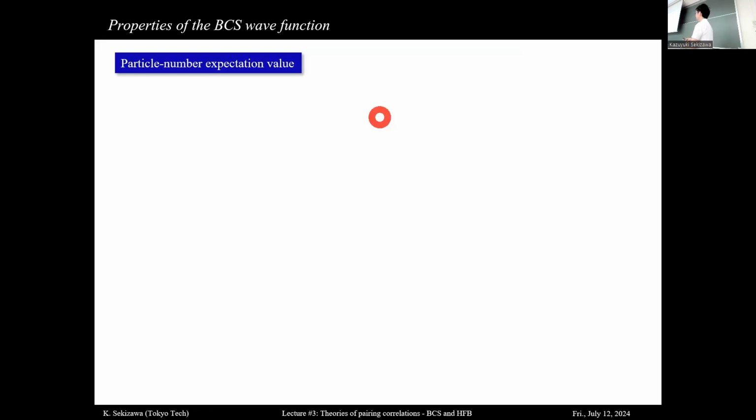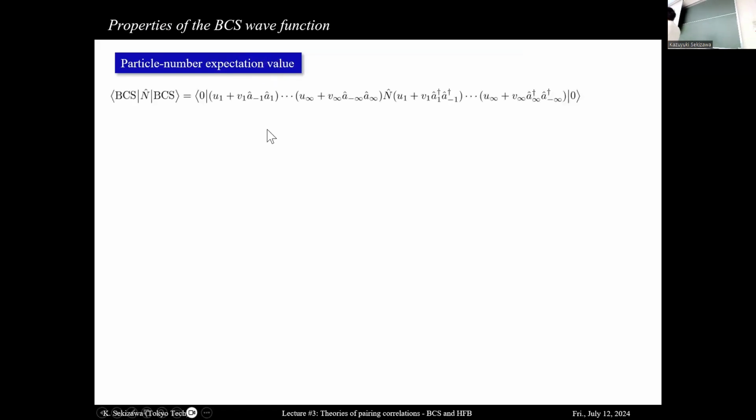So the particle number is not a good quantum number, but only the expectation value is valid. If we take the expectation value of the particle number operator n hat, this is the usual definition of the particle number operator, but for technical reasons I explicitly write k and minus k separately. But this is just the particle number operator, A dagger A.